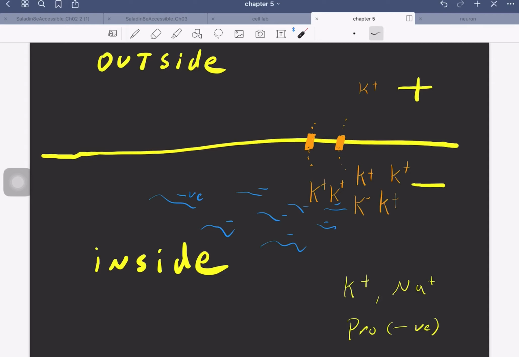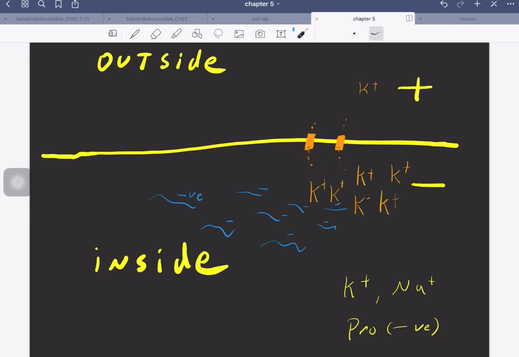So some potassium will leak out, and then re-enter the cell. So there's almost like this little trickle of some of the potassium, not all, out, and it trickles back in.